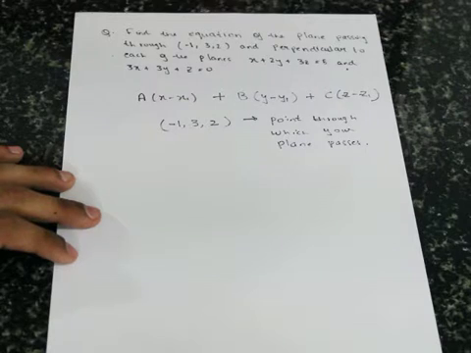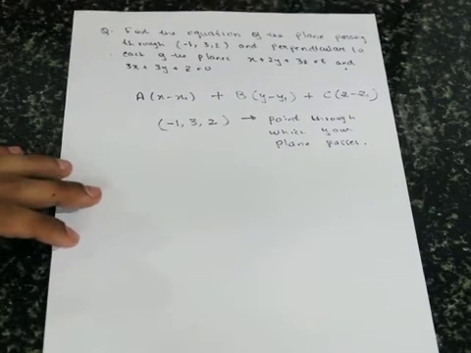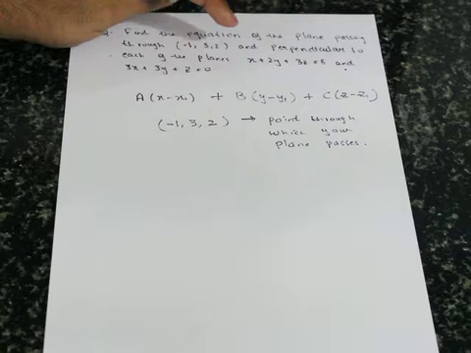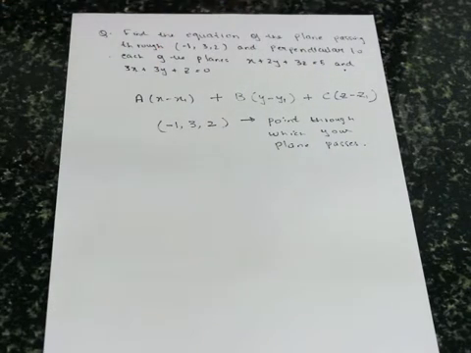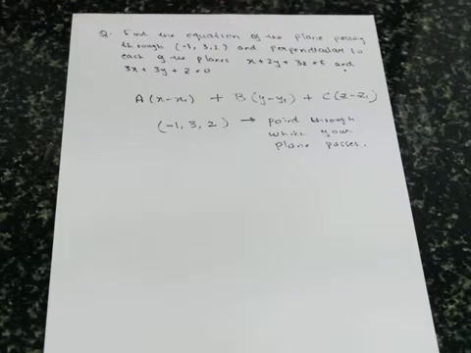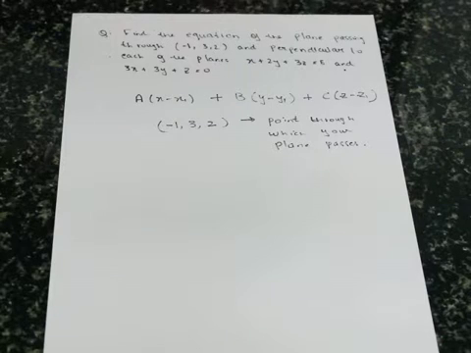Now the next condition arises. This plane is perpendicular to each of these two planes. If you remember vectors, a vector perpendicular to two vectors can be obtained by using the cross product.